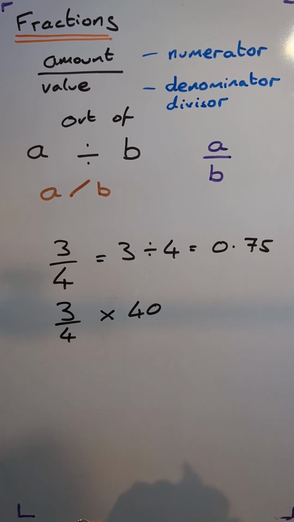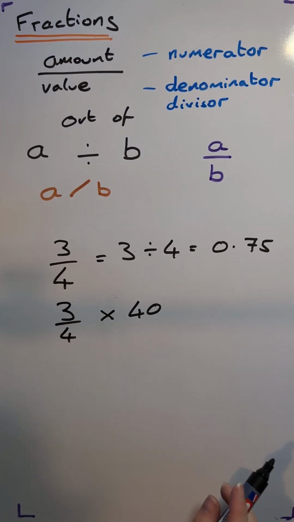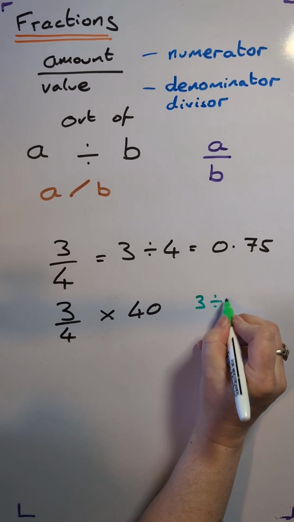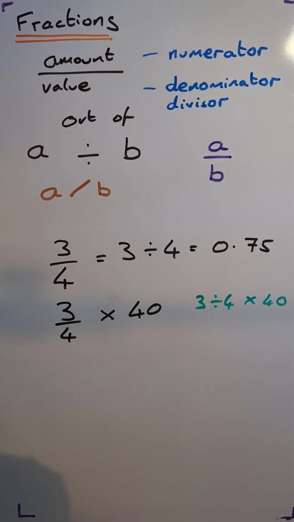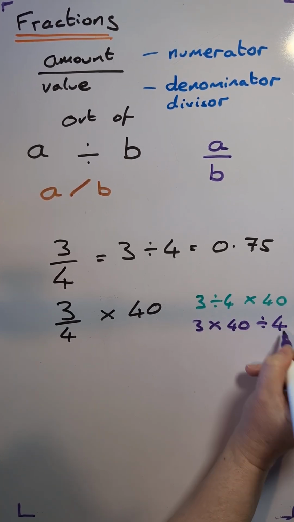Now on a calculator you could do 3 divided by 4 and then times it by 40. A little bit of rearranging, and we could also have the same thing as, so we could have 3 divided by 4 and then times 40, or we could do it as 3 times 40 and then divide by 4.